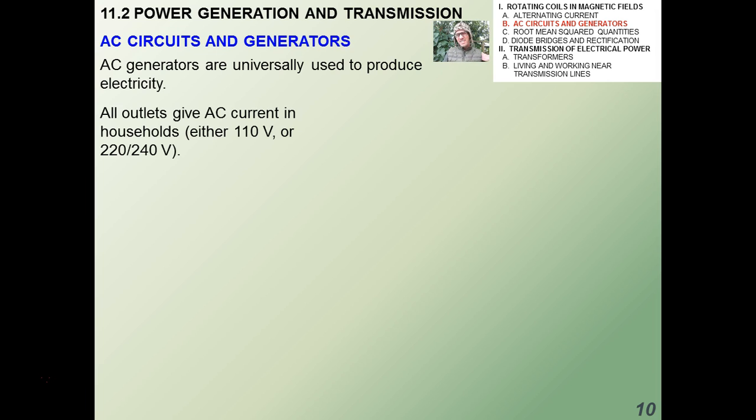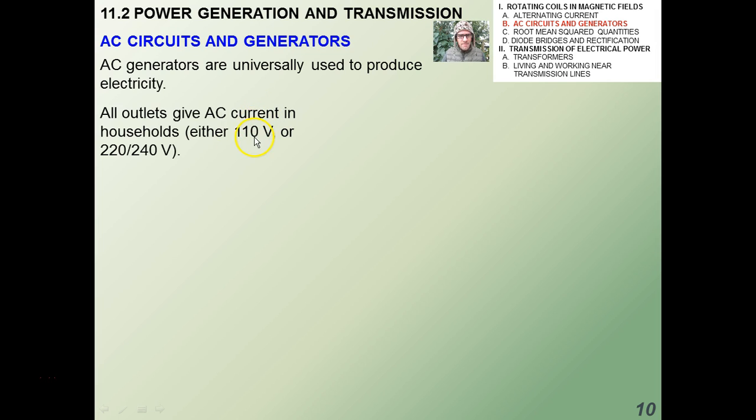Now, AC generators, again, are universally used to produce electricity. Almost all electricity in the entire world that is used, for household use or whatever else, is created the same way, and that is from a coil rotating in a magnetic field. All outlets give an alternating current, either 110 volts on this planet or 220 or 240 volts.